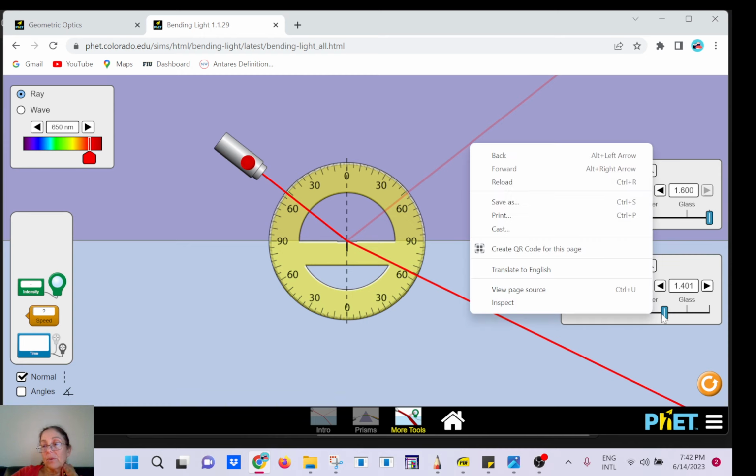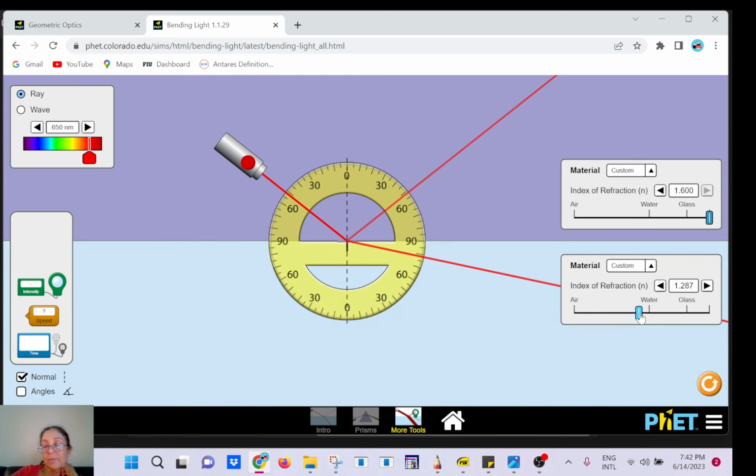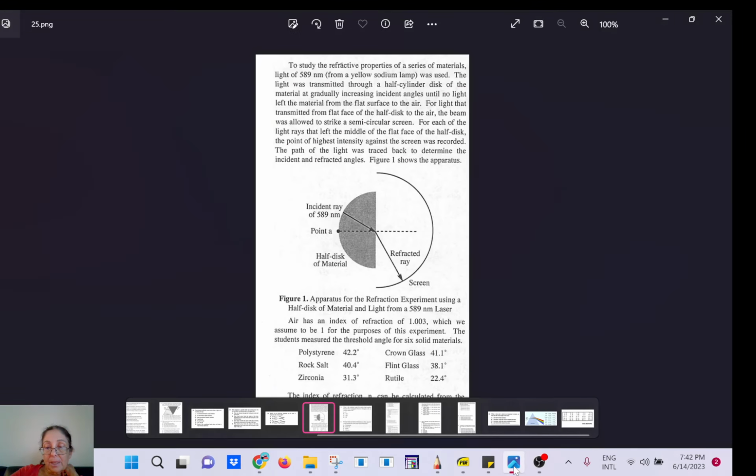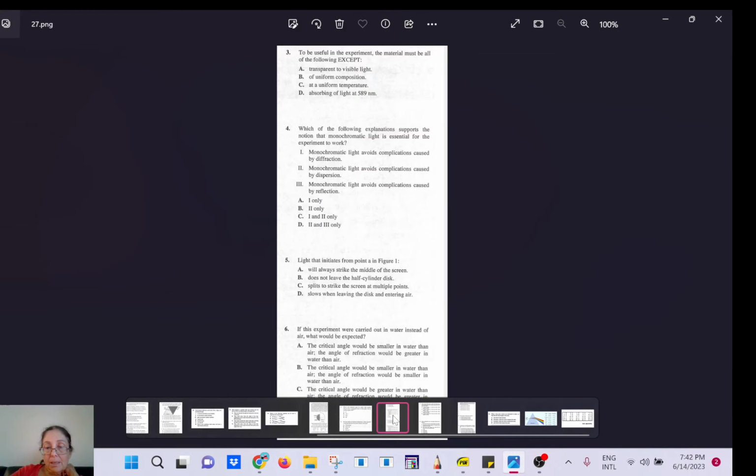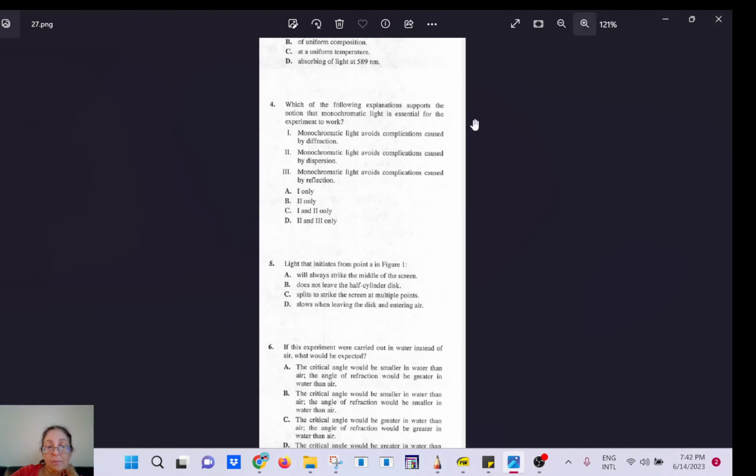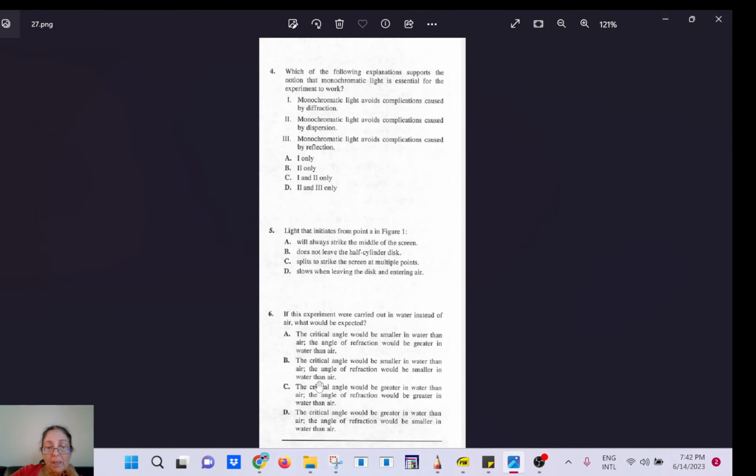So if I go back to air, I get smaller. So the answer is the critical angle will be greater and the angle of refraction will be smaller.